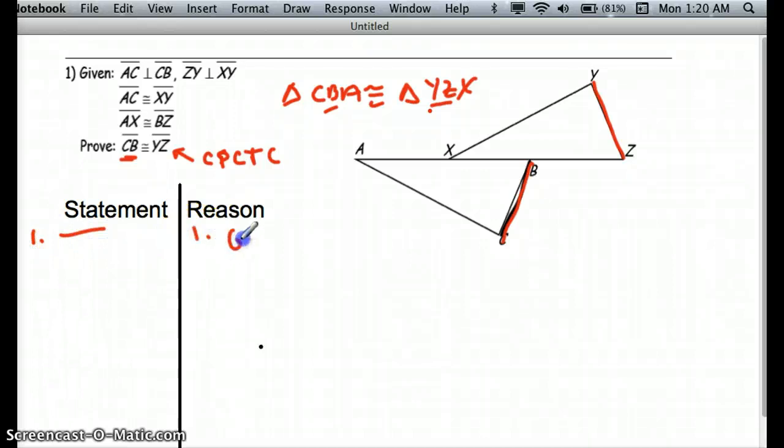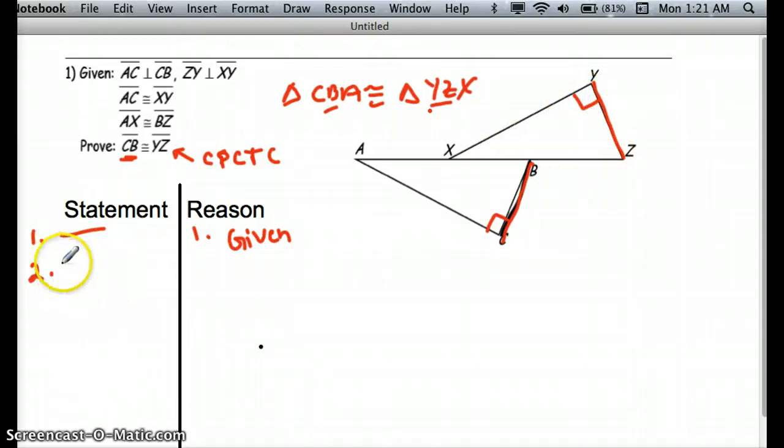The first thing is going to be your givens, which you will write out on a test or quiz. The second part, we're going to go through each given. We're going to mark and then we're going to write anything we can. AC perpendicular to CB, that would give us this. ZY perpendicular to XY would give us that.